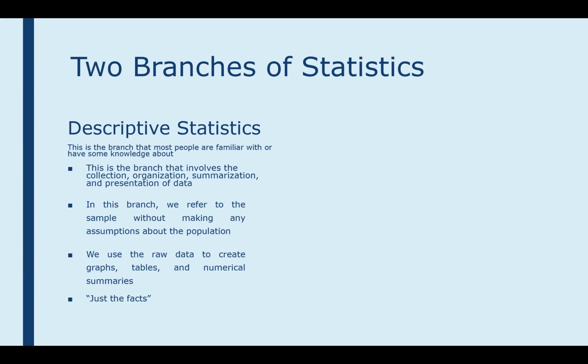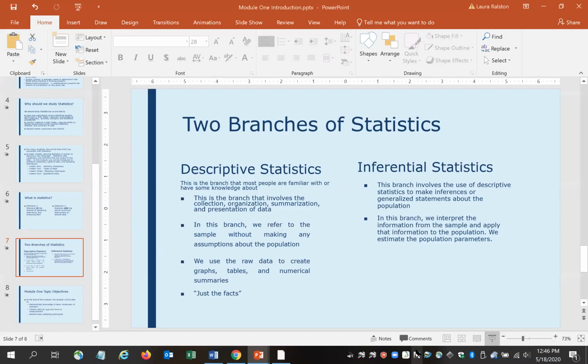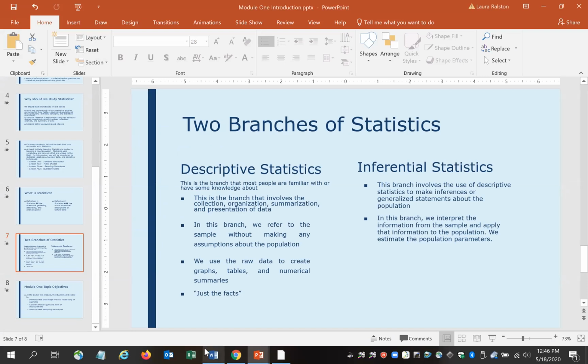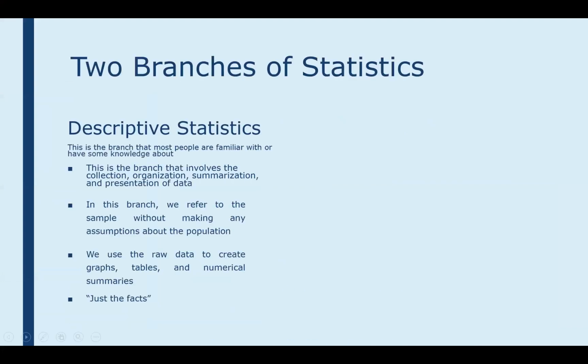There used to be a television detective show with Joe Friday, and when he would go to interview someone about a crime, he would say, "Just the facts, ma'am, just the facts." That's what you want with descriptive statistics.